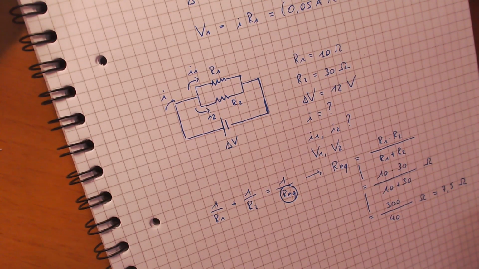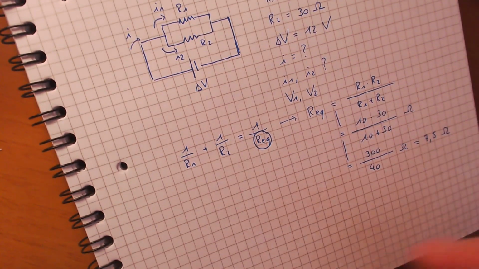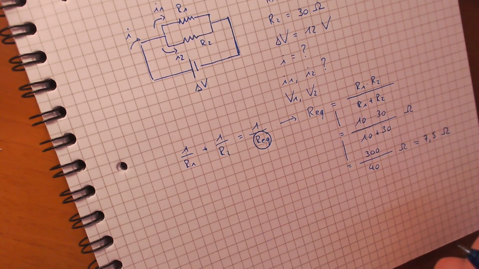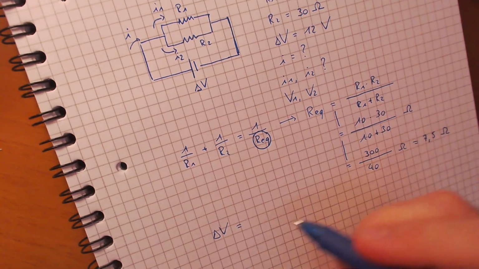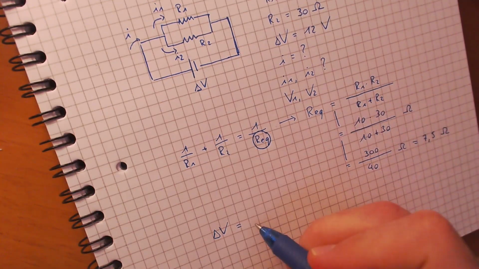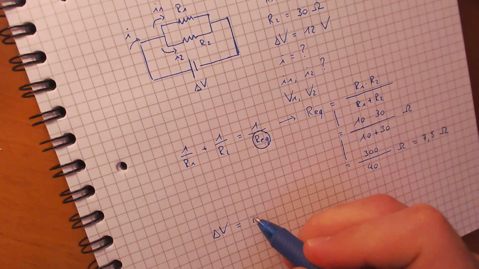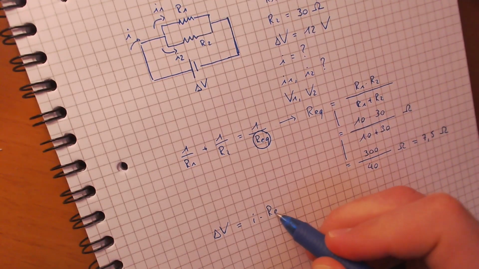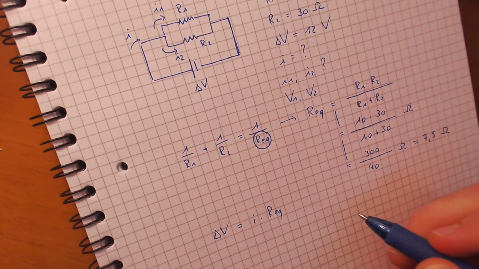So that means that this time the current, again we can find it from the Ohm law. So the voltage across the two resistors is again 12 volt, so the same as the power supply, and we know that this is given by the product I times R equivalent from the Ohm law.